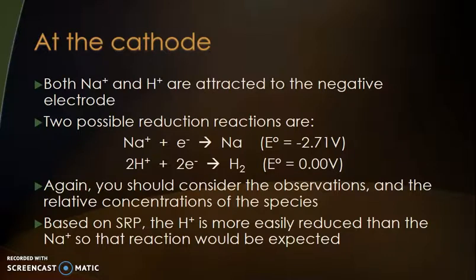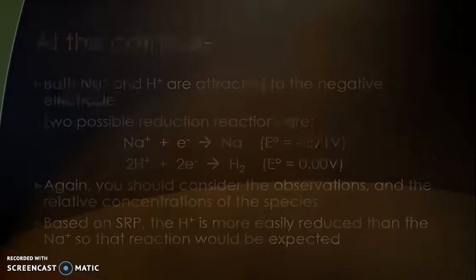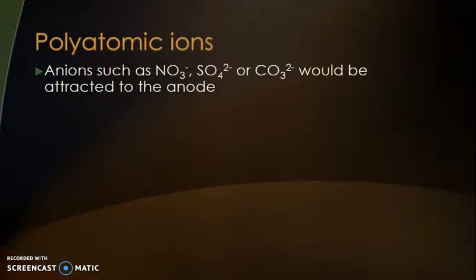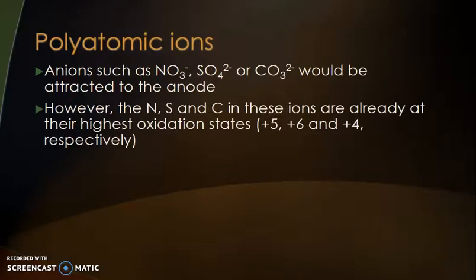The other thing to consider at times is if you have polyatomic ions present in your aqueous solution, such as nitrate, sulfate, or carbonate. Those anions would be attracted to the anode. And at the anode, of course, oxidation occurs. However, the nitrogen in nitrate, the sulfur in sulfate, and the carbon in carbonate are already in their highest possible oxidation states.